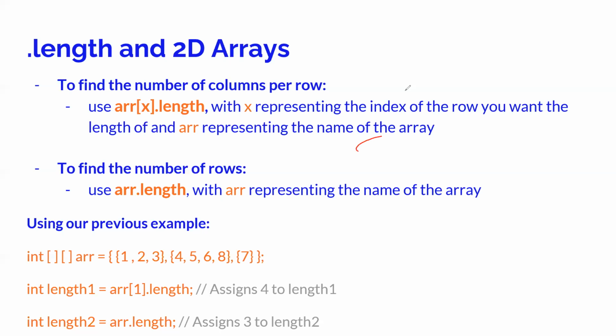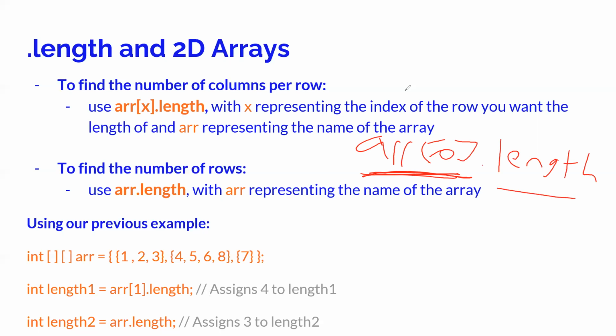Well, we just get that particular row. If I wanted to know how many columns the first row has, or sorry, the 0th row has, then I would do AR sub 0 dot length, because this part here gets me my 0th row, and that is itself an array. This would tell me how many columns that row has, because I'm getting that array and it's telling me how long that array is.